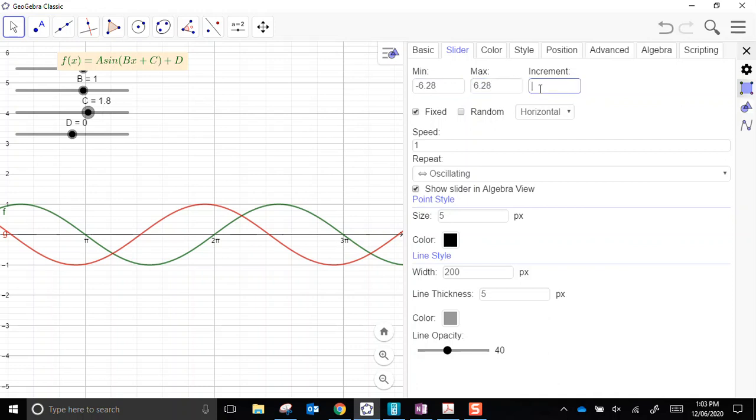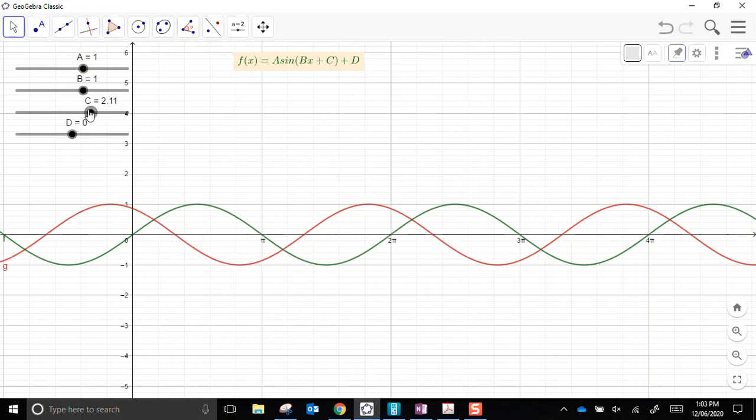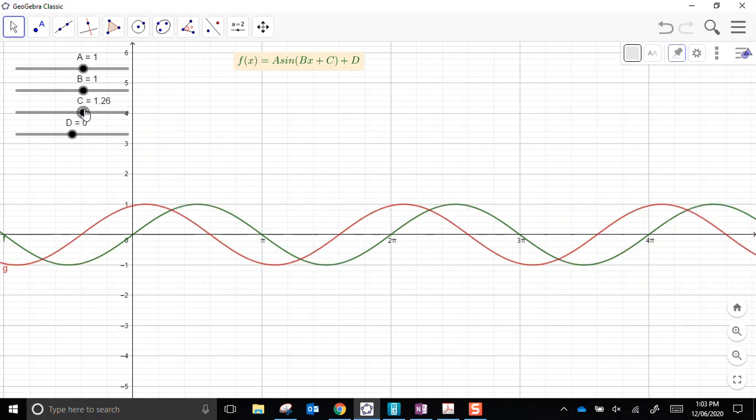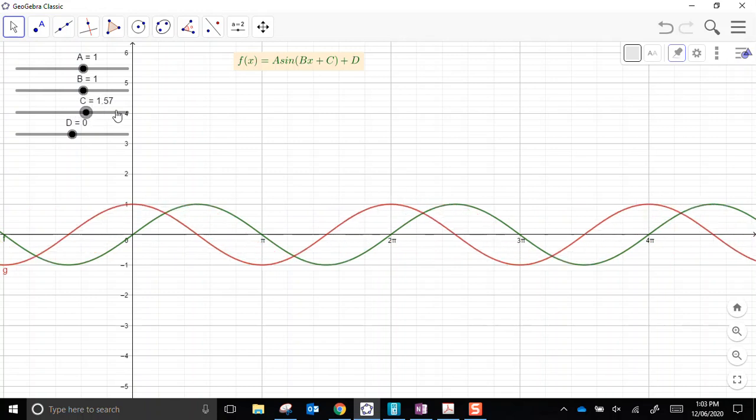And for the increment, let's go 0.314, which is 0.1 of pi. So let's see whether or not my slider now will behave a bit more nicely for me. So there we go, 0.1, 0.2, 0.3, 0.4, 0.5, 1.57, or half of a pi. So it's moved nicely back by half a pi.